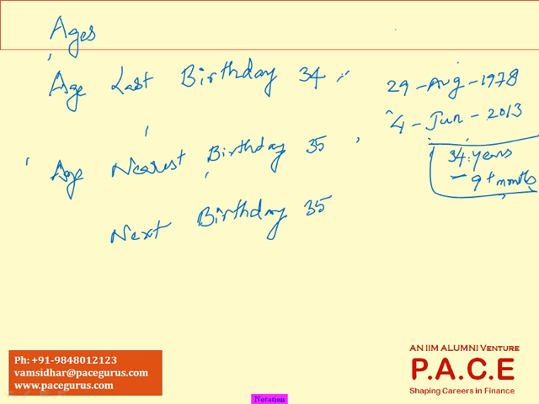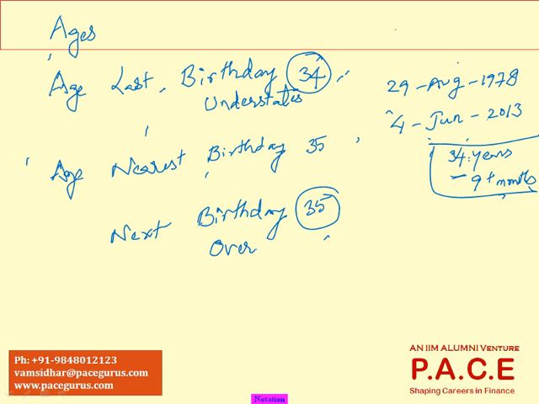So what we are typically saying is age last birthday always understates the age, because I will always be older than what is being represented here, whereas age next birthday always overstates my age.